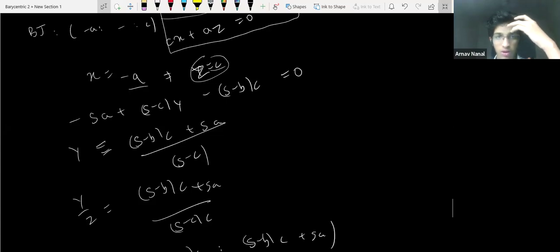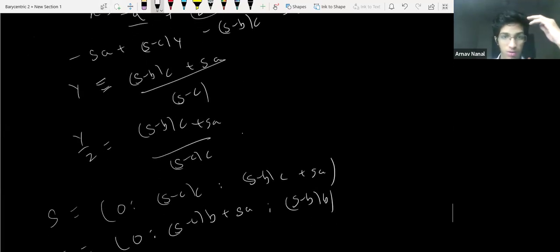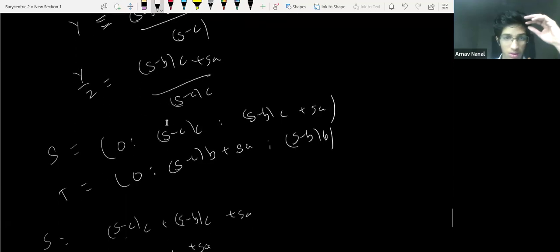Okay, so this should be minus. I messed up a minus sign here. This should be minus, I think. We will get minus here. Then we will get minus here. But I messed up a lot.